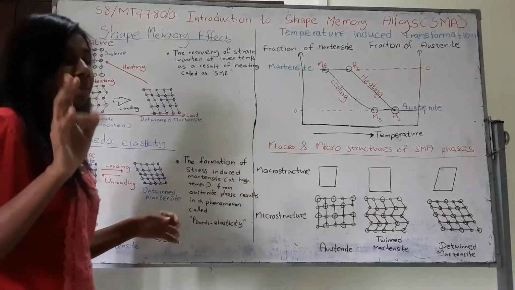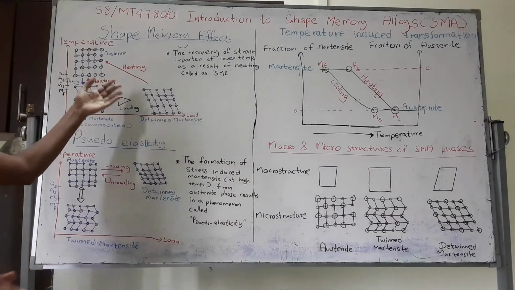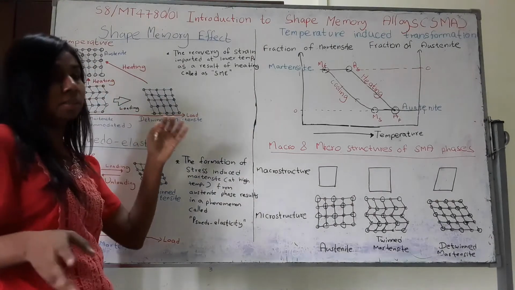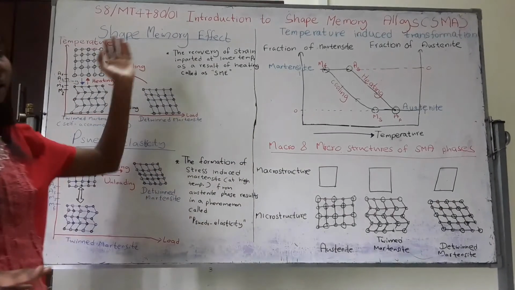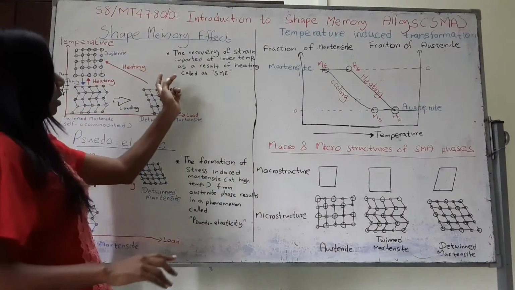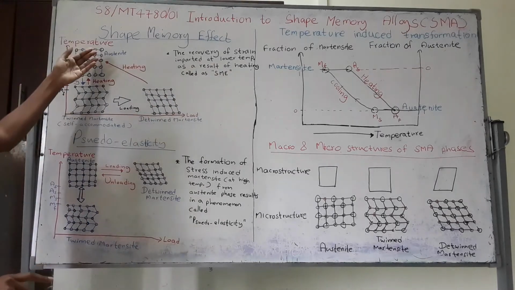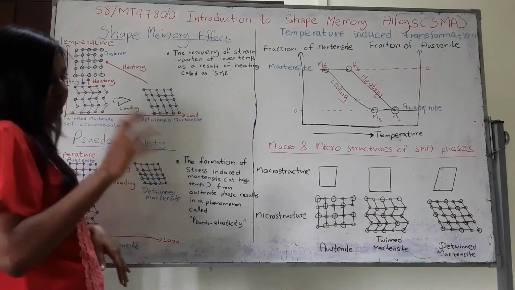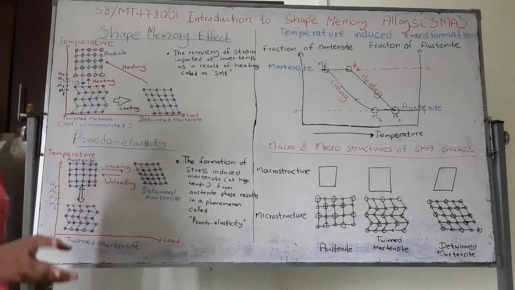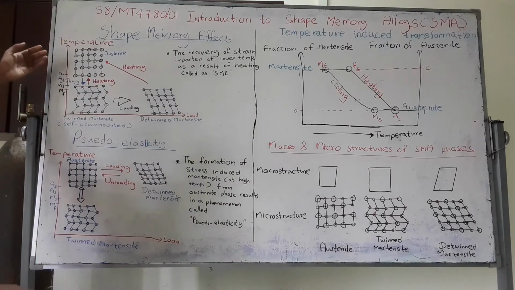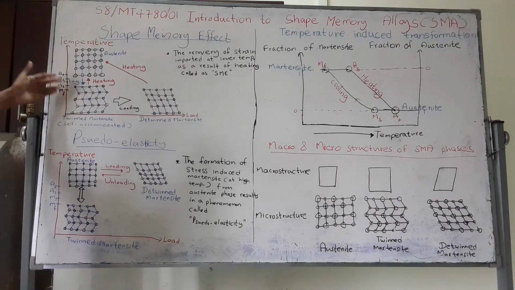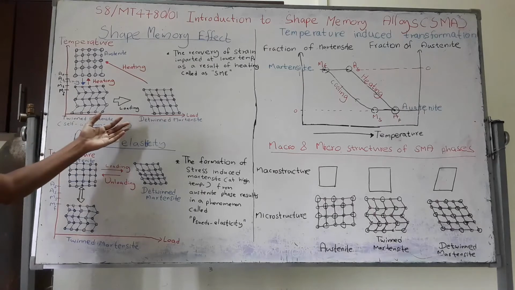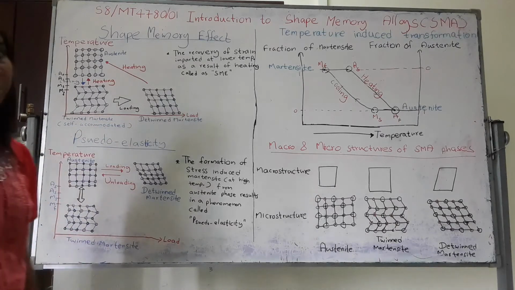This deformation happens because of the load. That energy is stored as strain energy, and you can recover the strain using heating. When it heats, it comes to austenite, and the material comes to its original shape. Then when it cools, after passing those four temperatures, it comes to room temperature and turns into twinned martensite. So that is the shape memory effect.